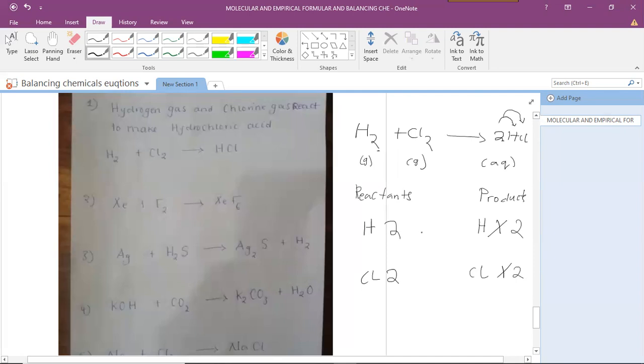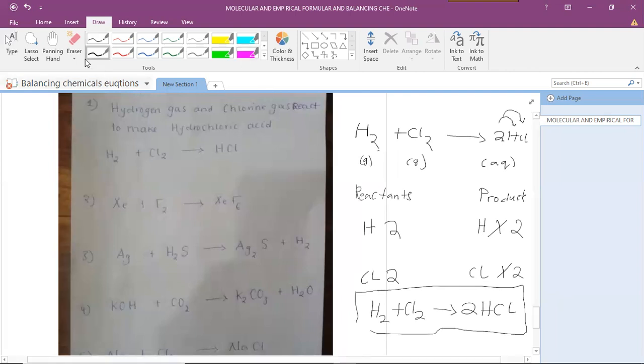Then you'll be like, all right, I have two hydrogens in my reactants, two hydrogens in my products, two chlorines in my reactants, two chlorines in my products, meaning the equation is balanced as H2 plus Cl2 to give us 2HCl. So this is how we balance chemical equations by inspection.